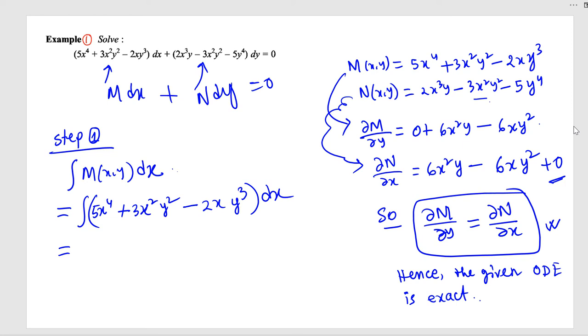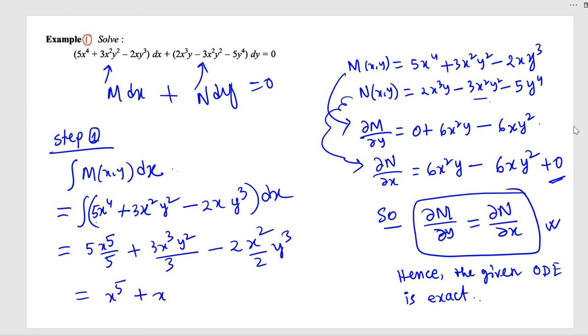So we will have 5x to the power 5 by 5 plus 3x cube y square by 3 minus 2x square by 2 y cube. So we'll have x to the power 5 plus x cube y square minus x square y cube. So this is for step 1.